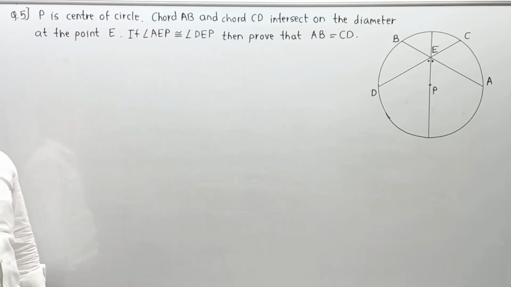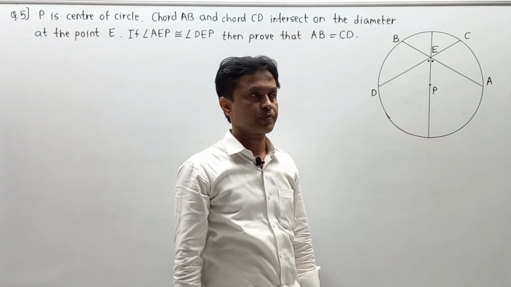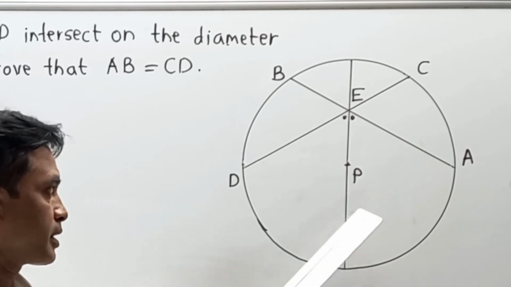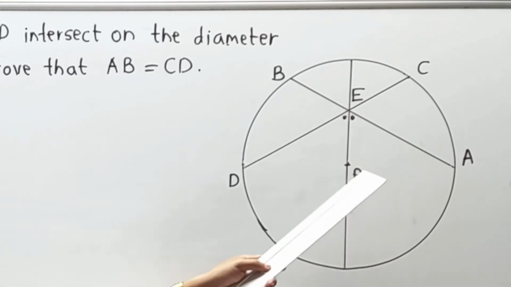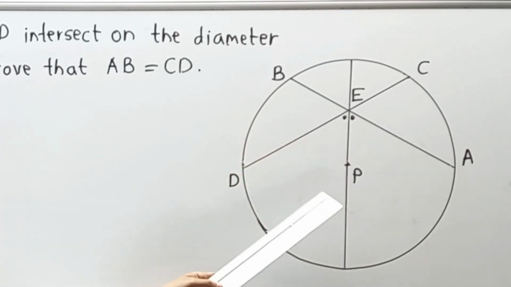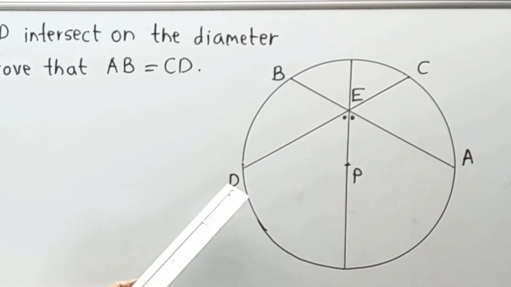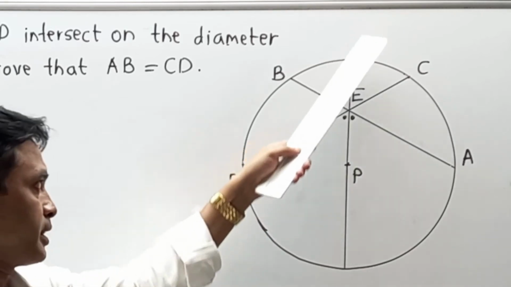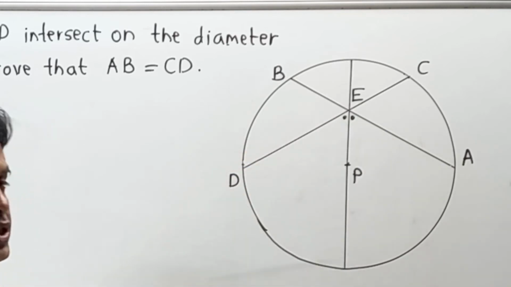Now what exactly have they given? Try to understand the same numerical from the diagram point of view. As per their given condition, try to understand step by step. Here P is the center of this given circle. Chord AB and chord CD intersect on the diameter, means you can say that PE is one segment, which is nothing but a diameter over here.